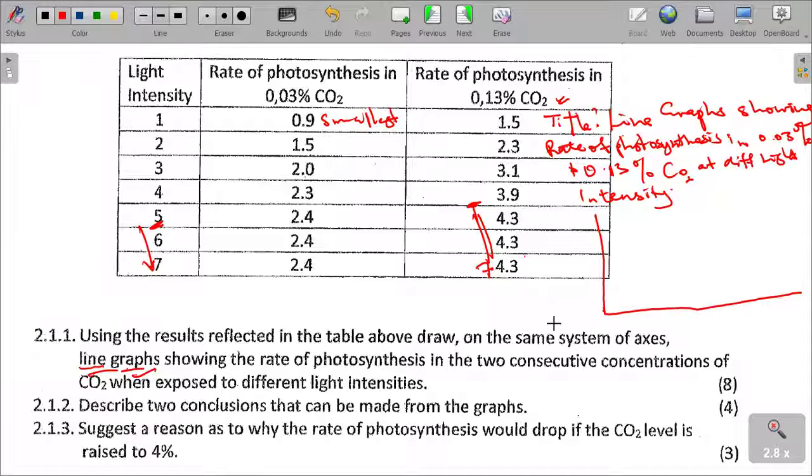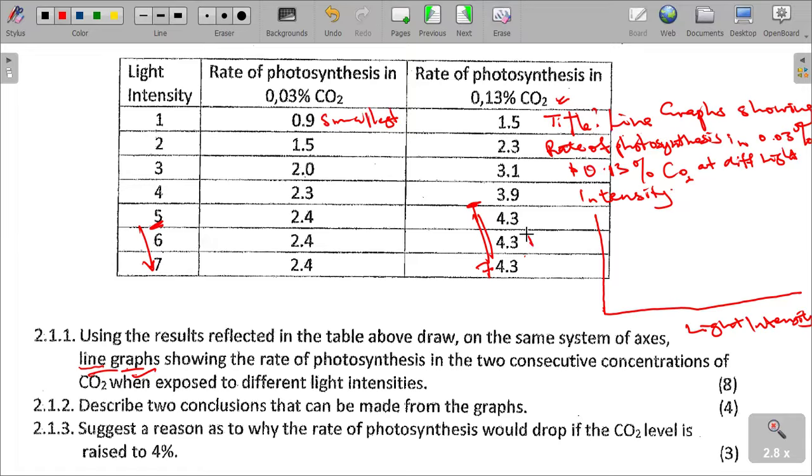On the horizontal axis is light intensity. And then on the vertical axis, we have got what? On the vertical axis, we should have rate of photosynthesis here.